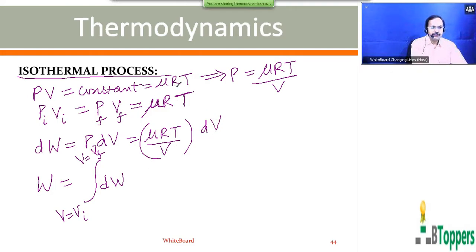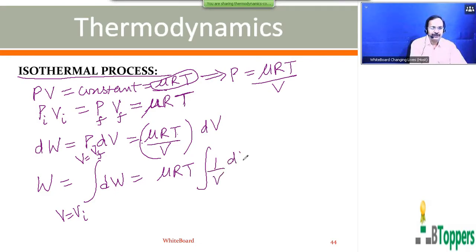Now the temperature of the gas remains constant. So the product nu RT can be treated as constant for a fixed mass of ideal gas in an isothermal process. Substitute dW equal to nu RT into dV by V. So nu RT we can put outside the integral symbol.